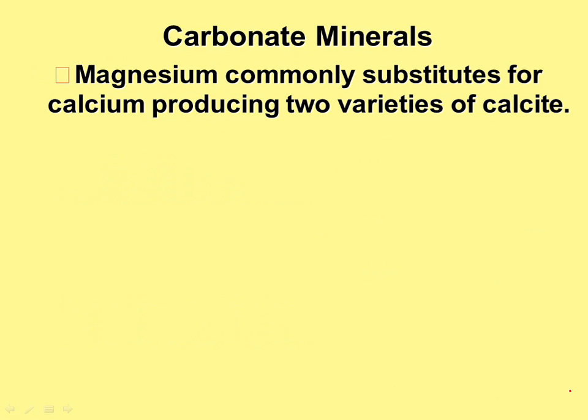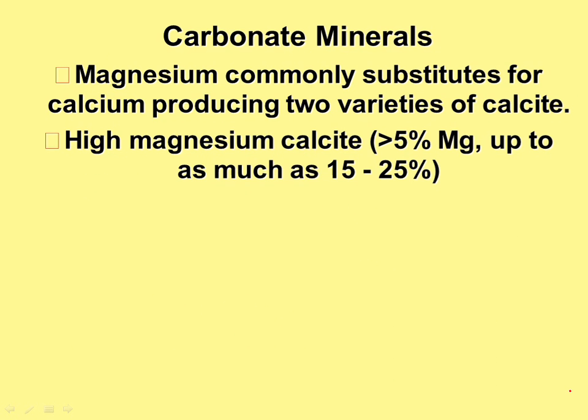A fairly common occurrence in the carbonate area is that magnesium is a common substitute found in the atomic structure of the different varieties of calcite, and so you have slight variations.